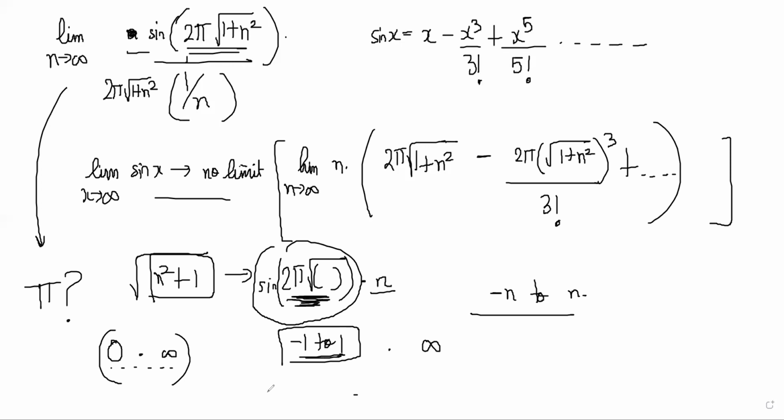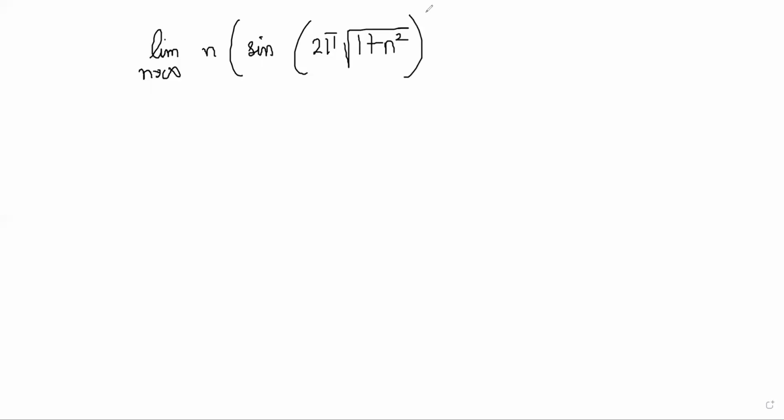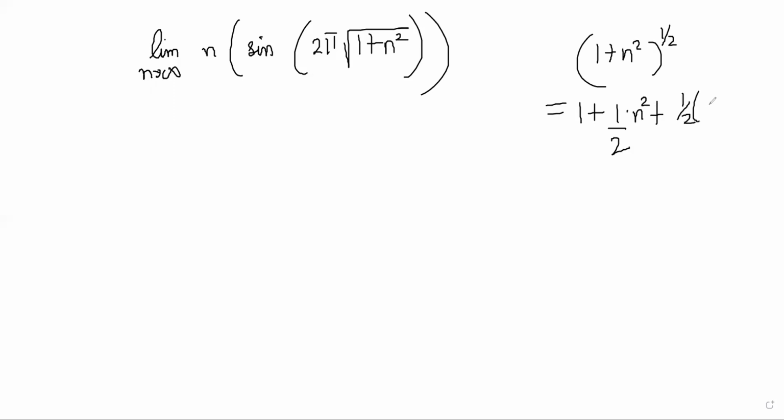Okay, let's do one thing where we do binomial theorem on root of 1 plus n square, inside sine 2 pi root 1 plus n square. So 1 plus n square to the power half is what?